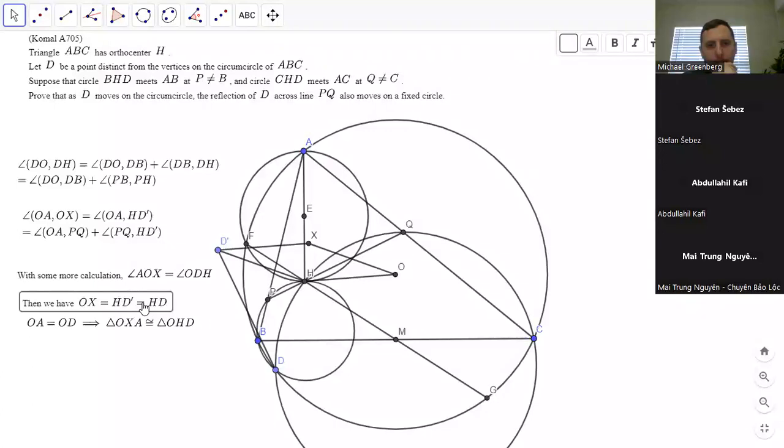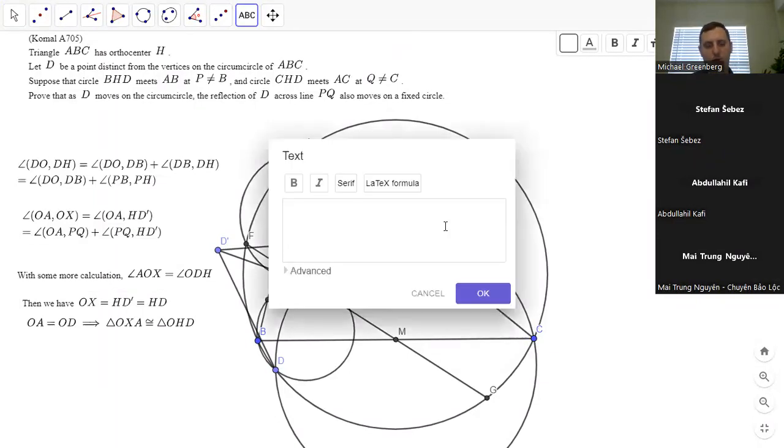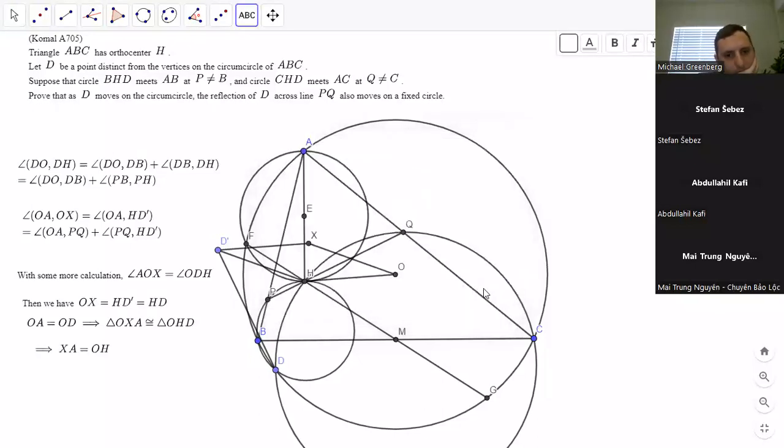And basically from there, D prime is a reflection of O across the midpoint of XH. And X is basically, so XA equals OH. All right. OXA DHO.